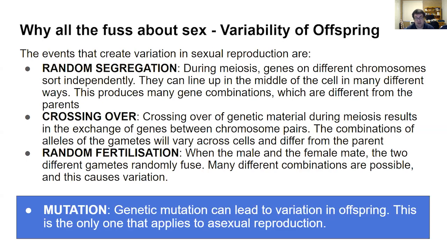That is where a random gamete from each parent meets and forms the zygote, which is another way in which many varied combinations of chromosomes can be brought together. And of course, the fourth way is when something goes wrong, and we can introduce a genetic change through a mutation. That is not always negative. Sometimes it has no effect. Other times it can be positive, although that last one is typically rarer.